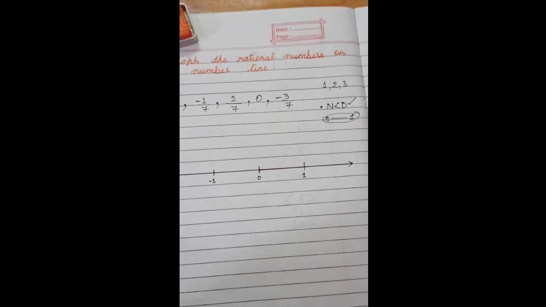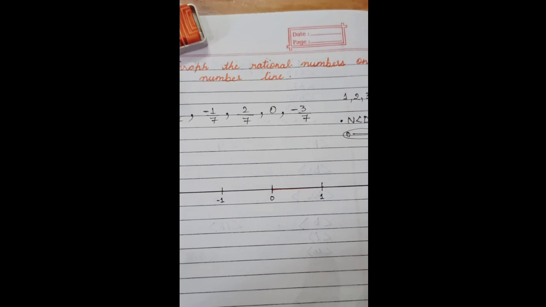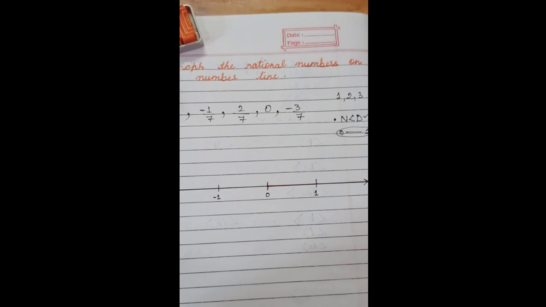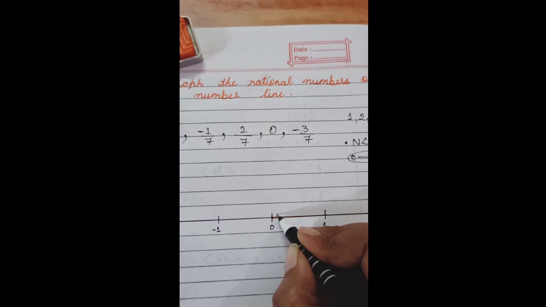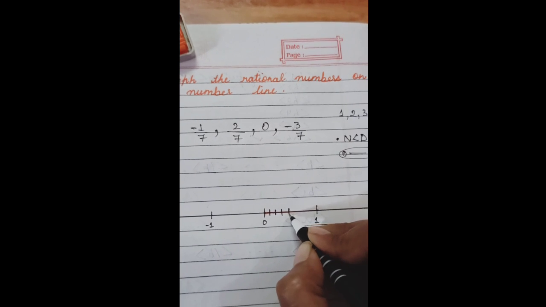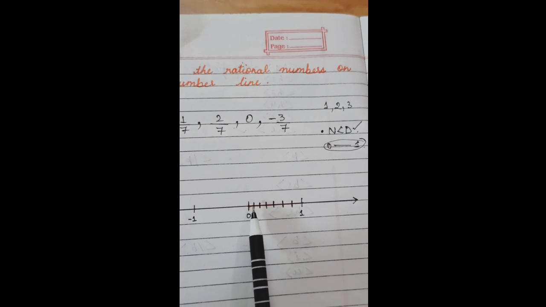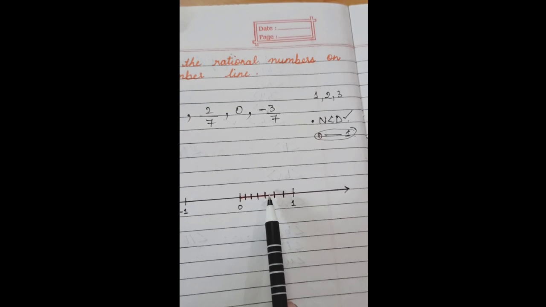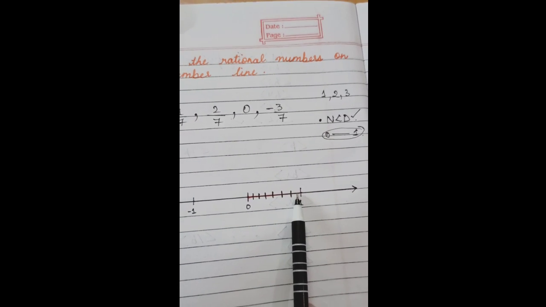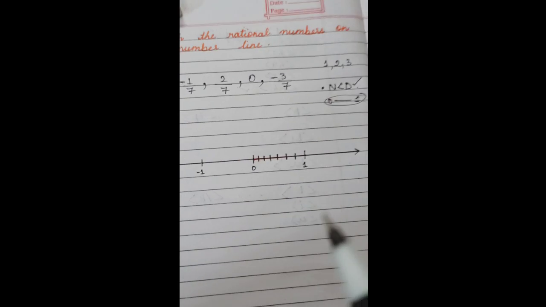So first we divide this into 7 equal parts by marking 6 lines. 1, 2, 3, 4, 5, 6. Now see 1, 2, 3, 4, 5, 6 and 7. We have divided this portion into 7 equal parts.